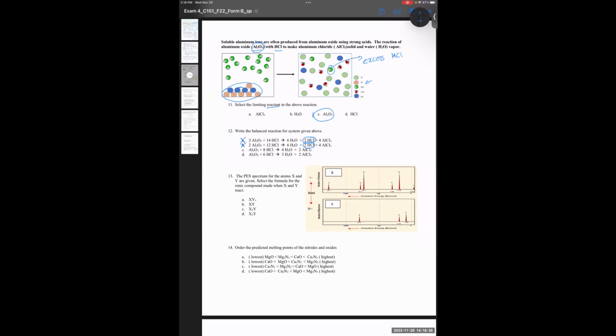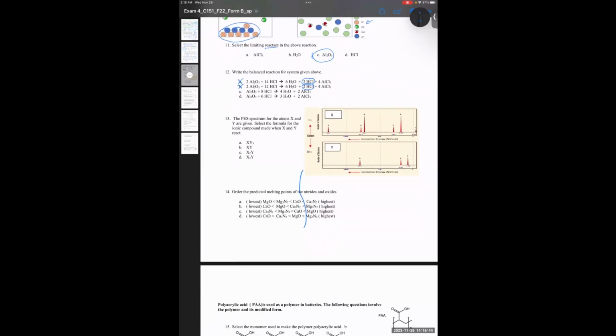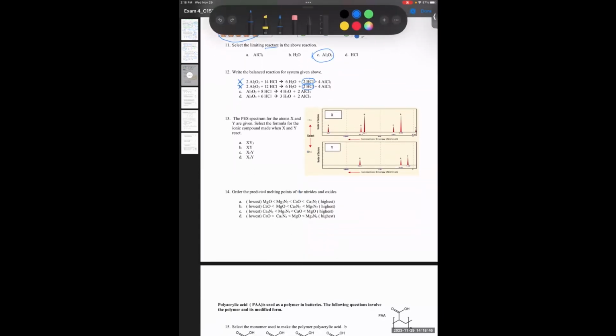And then between options C and D, let's see whether this is balanced or not. Al2O3 seems to be fine because two aluminum on both sides. So aluminum is balanced.